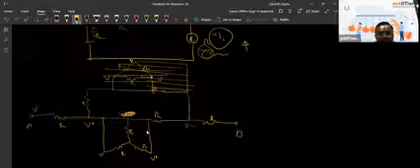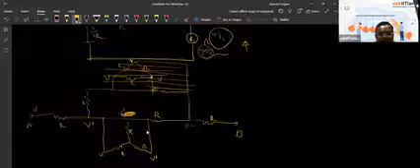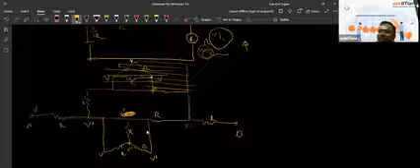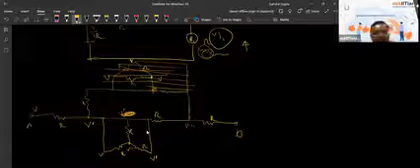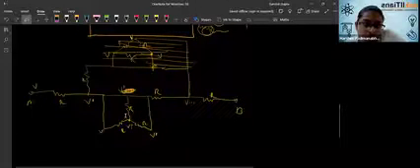And this is also V dash. Let's suppose there the voltage is V4 dash. See, this R and this R and this R, the voltage difference is the same, so they are in parallel.